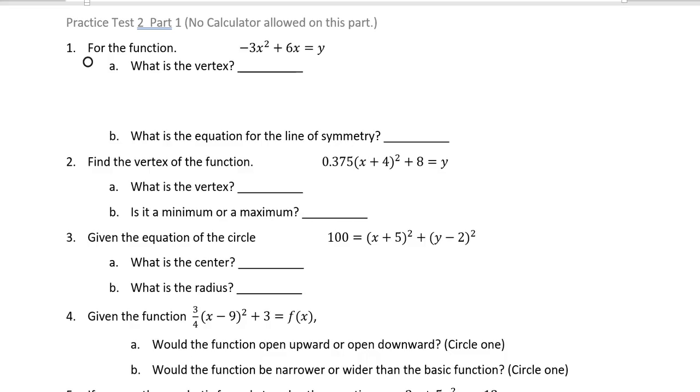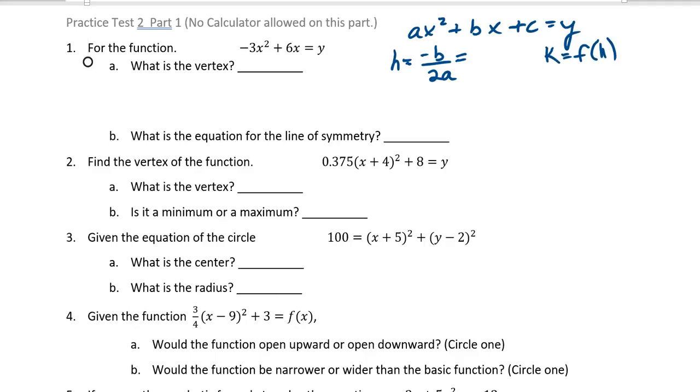And we know that when it's in standard form, the vertex is going to be negative b over 2a. That's going to be our h, or our x-coordinate. And we know that our k will be putting back in that h we find into our equation.